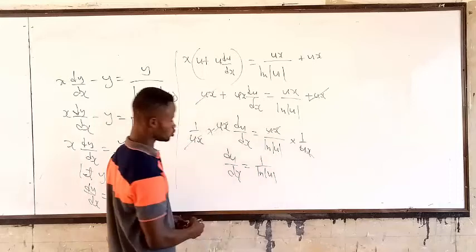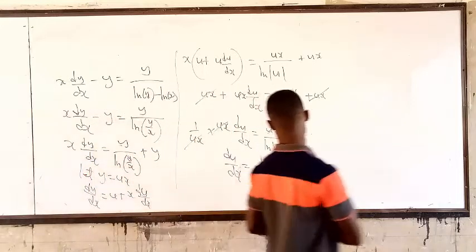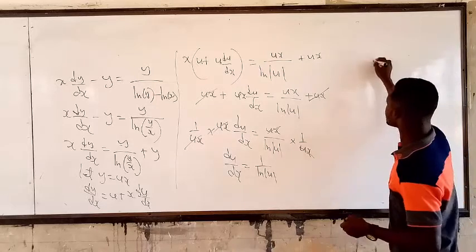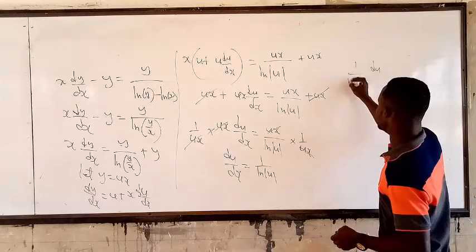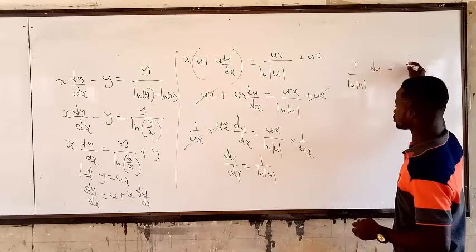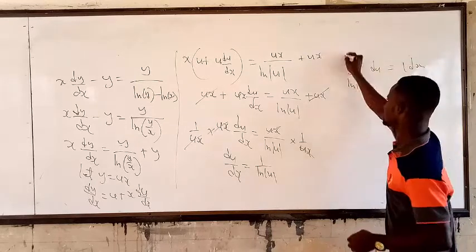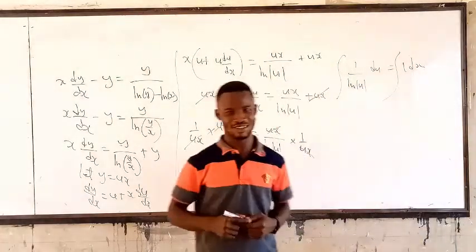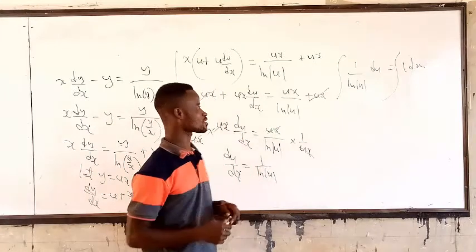So this is a separable differential equation. So we get du times ln u to be equal to 1 dx. Then we integrate both sides. So from here, we should be able to continue with it. I hope you can see what it is.